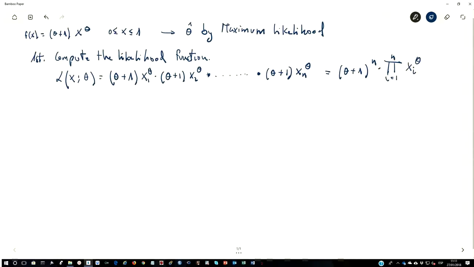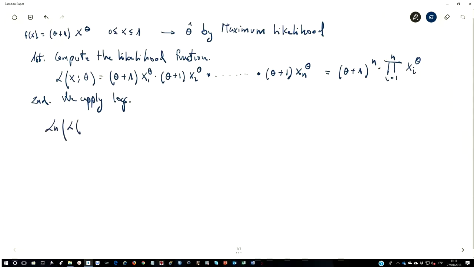In order to obtain the maximum, we would have to derive the function with respect to theta. But to do this in an easier way, we know that the log transformation of the function gives us the maximum at the same point.